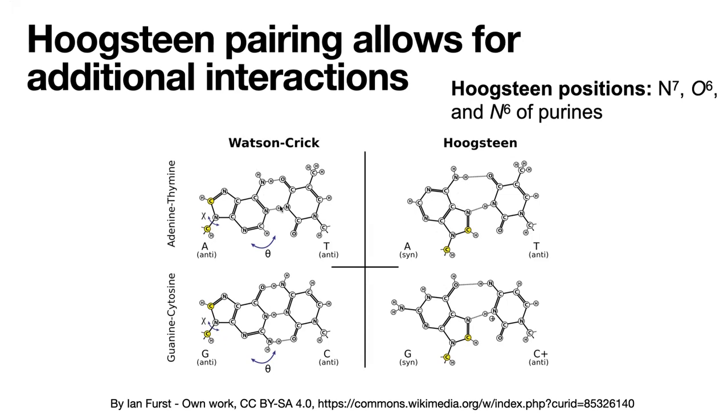And now we're able to form alternative interactions. In this case, we're still doing an AT, but in some cases, especially if we have protonation or deprotonation, we can form different interactions. So we can get these non-canonical interactions at this Hoogsteen face.